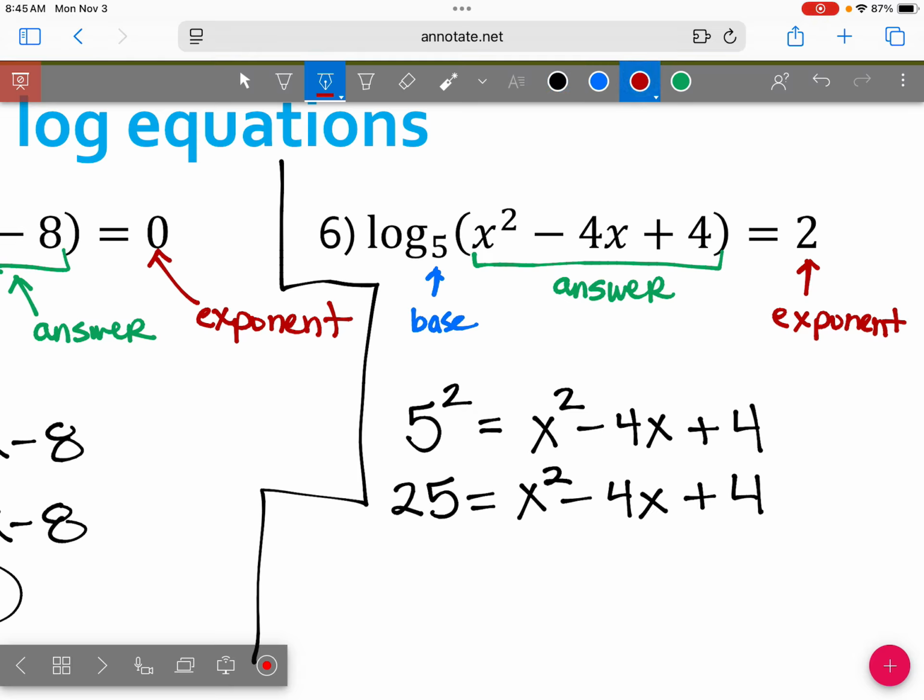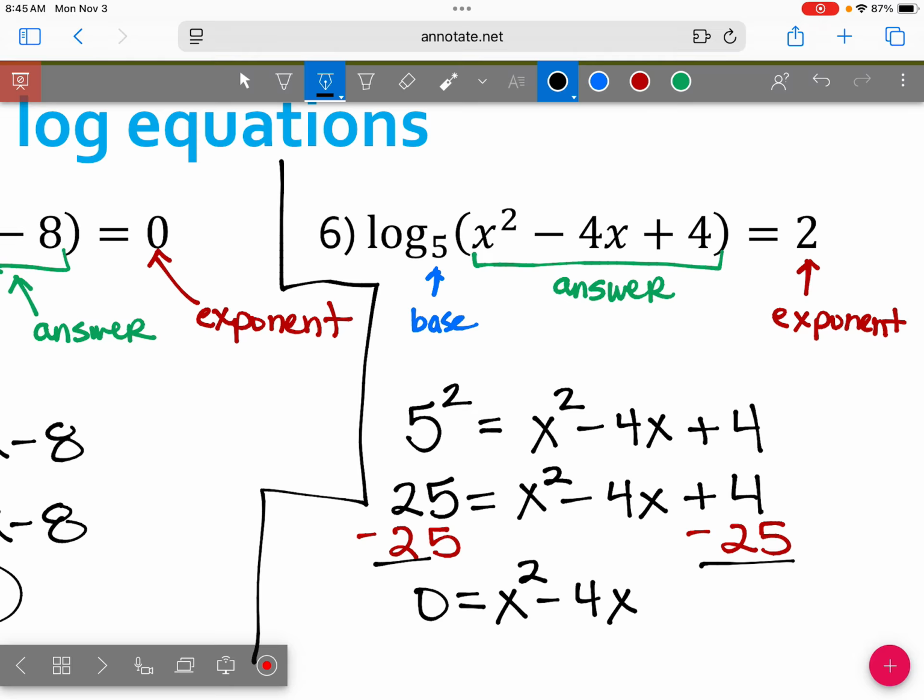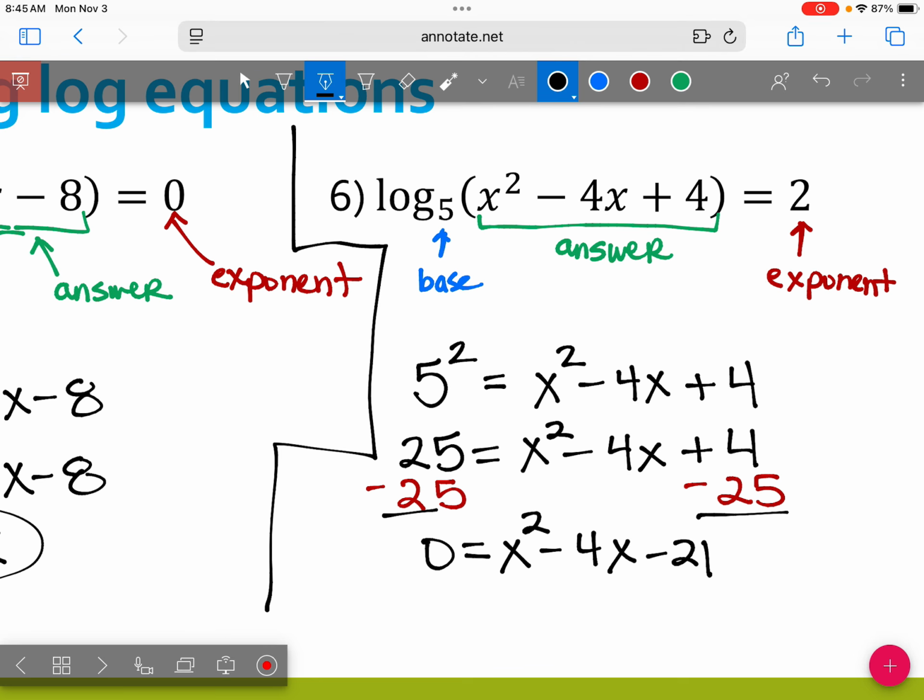It's a quadratic, so we need to set it equal to 0. And what's 4 minus 25? Negative 21. Let's go ahead and factor that down and set them equal to 0.